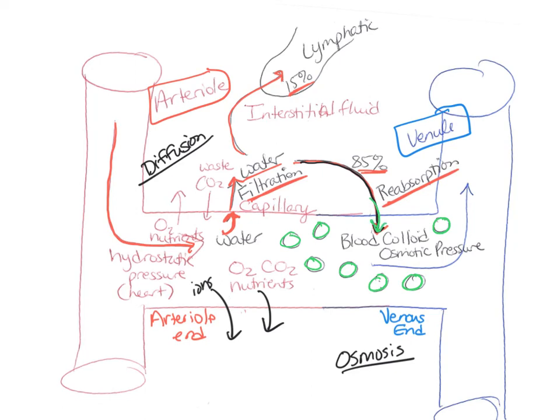The pressure that these plasma proteins exert is called blood colloid osmotic pressure. It creates the conditions so that water will flow from an area of low solute to an area of high solute. So in other words, there are no plasma proteins out in the interstitial fluid, but we've got lots of plasma proteins inside the blood, so water is going to flow towards those plasma proteins.